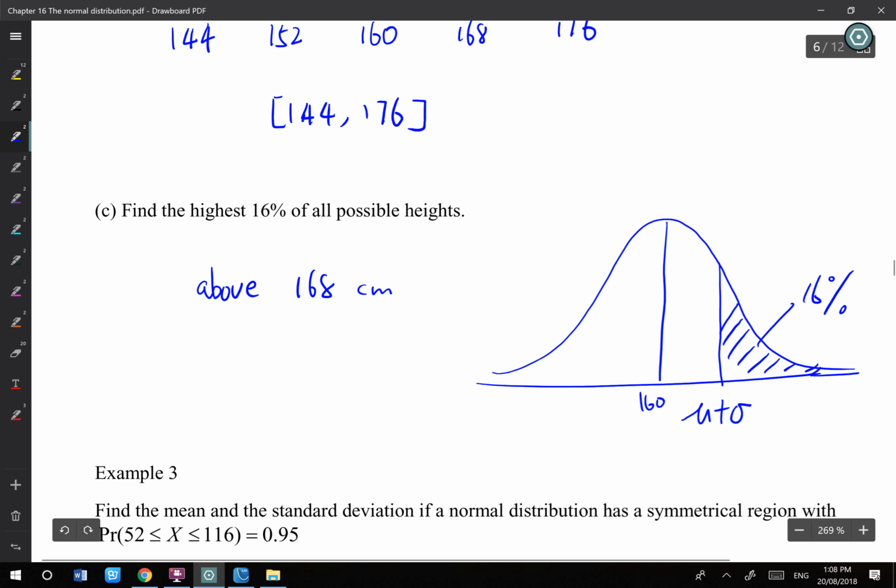So 168 for the next one, because here is 0.34 and then the next section is 0.16. That's the highest 16%. Well, I can have 16% anywhere, but I want the tallest 16%. So it's from 1 standard deviation and above.